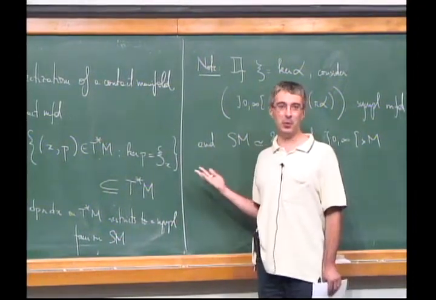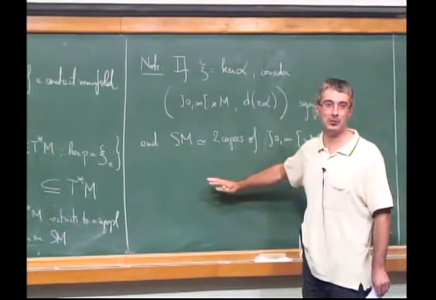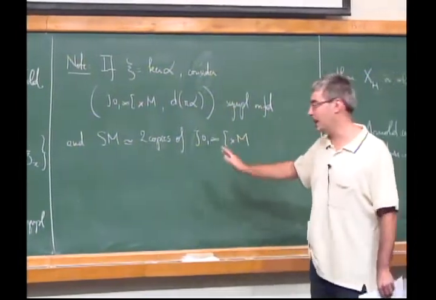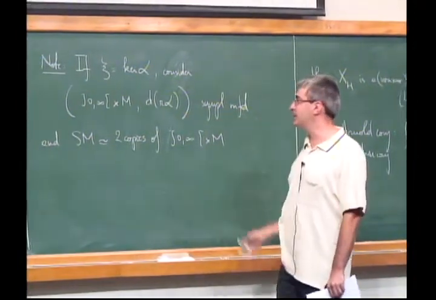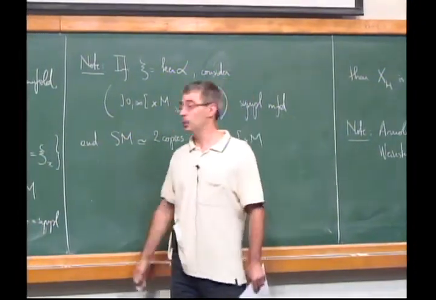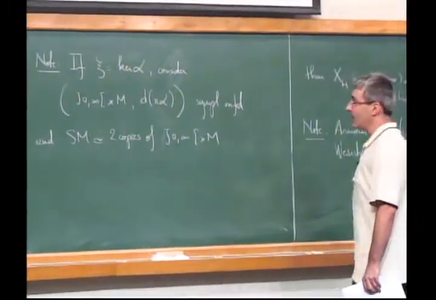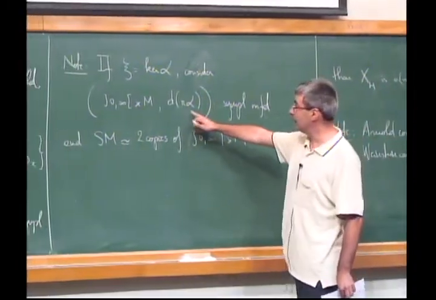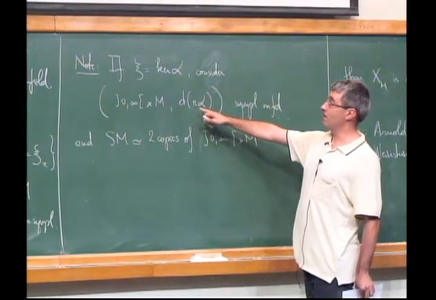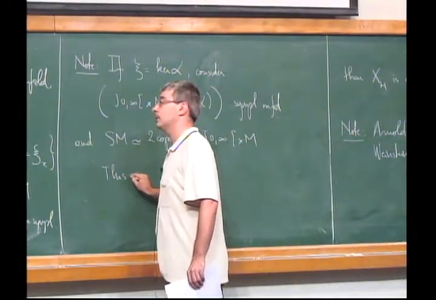So if xi is co-oriented, this has two connected components, and these are exactly two copies of that. So from now on, I will refer to the symplectization as this guy, or rather, in the co-oriented case, to one connected component of this. And you see that this is an exact symplectic manifold.